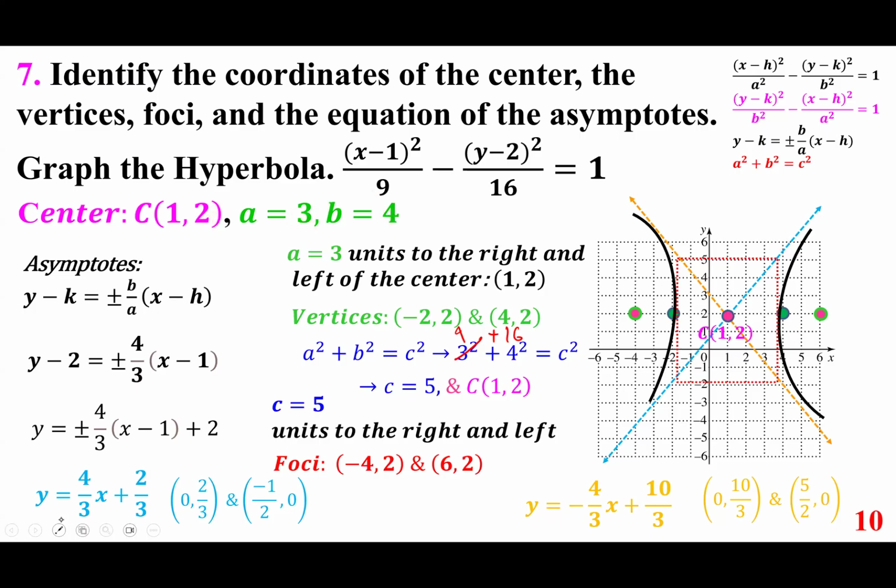So this point, for example, would be 3 plus 1, and then 4 plus 2. As you can see, it has coordinates 4 and 6. It may be hard to see here, but you get the picture. All right.